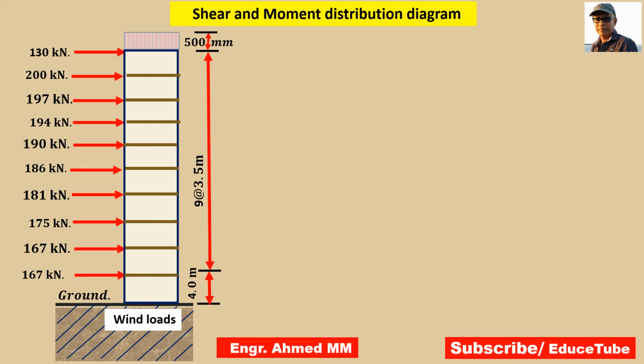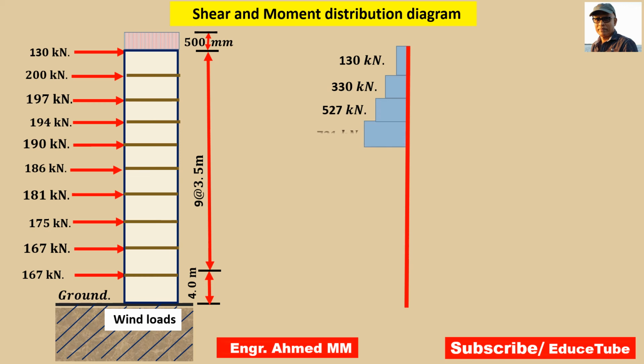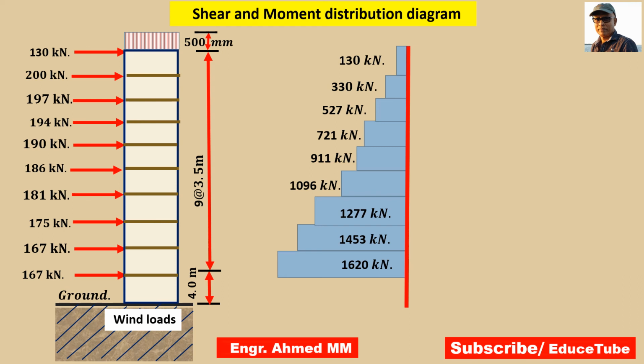Already we have seen this in the Excel sheet. This is the shear diagram. So at an end, VF, kilonewton.